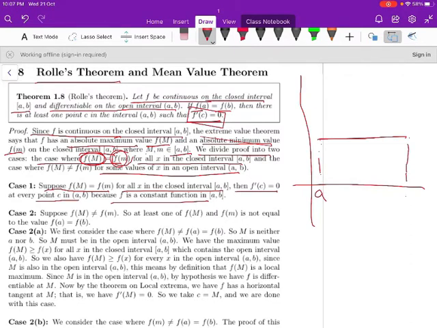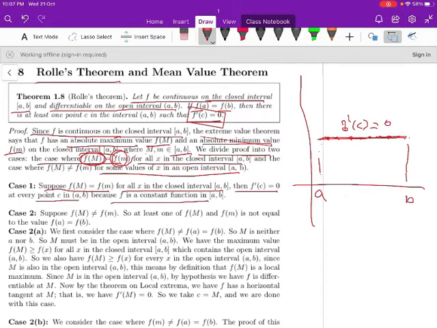Take the interval ab. For all the values in the interval ab, the function is constant. Therefore, since the function is constant, the derivative f dash of c at each and every point is always equal to 0, for c between any value between a and b.